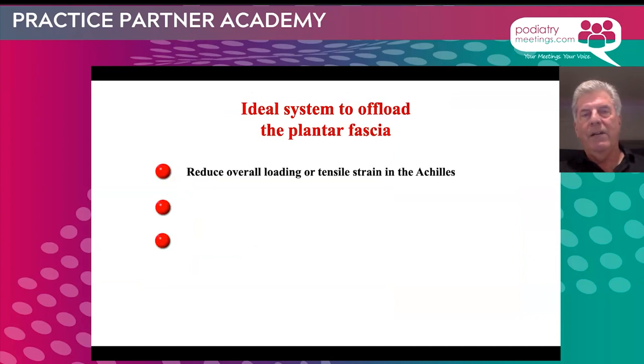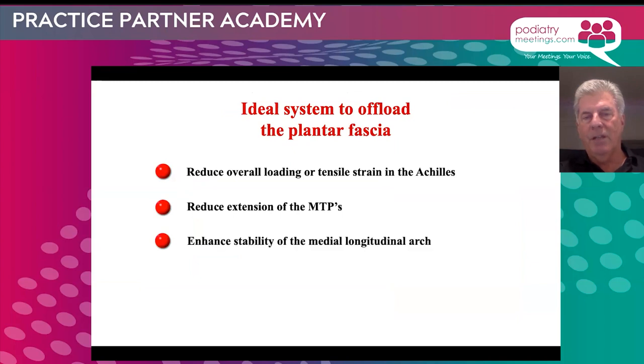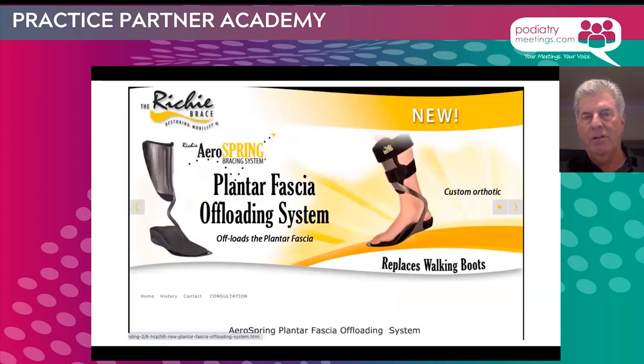So the ideal system to offload the plantar fascia would be a system that reduced tensile strain in the Achilles, reduced extension of the MTPs, and enhanced stability of the medial longitudinal arch. And that really is what we did when we designed the plantar fascia offloading system. Very similar to the Achilles system, but this one mandates the use of a custom foot orthotic with the heel lift, whereas the Achilles tendon system does not.